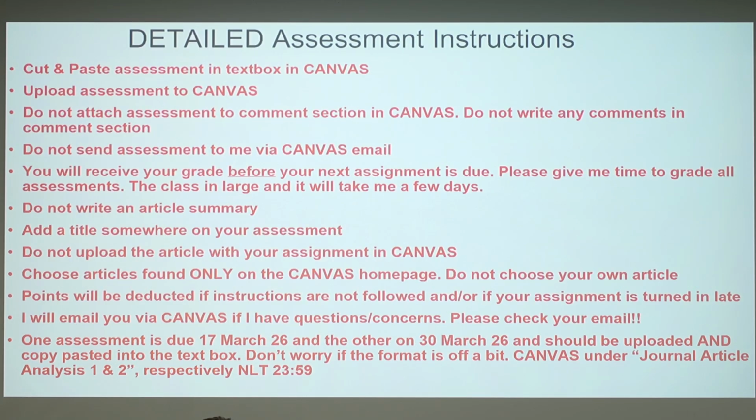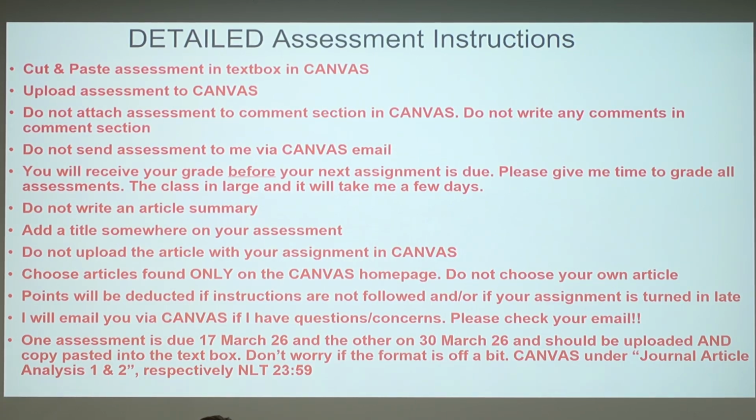But that's okay. So here are the instruction assignments in detail. Please follow these. In Canvas, you will need to upload your assignment. There's a text box. I want you to cut and paste your assignment from the Word document into the text box and upload it.